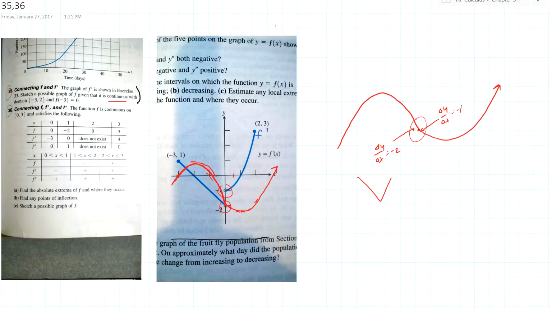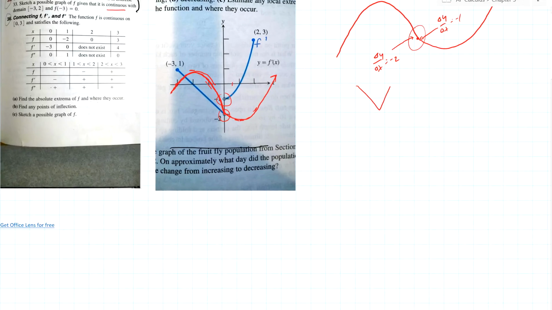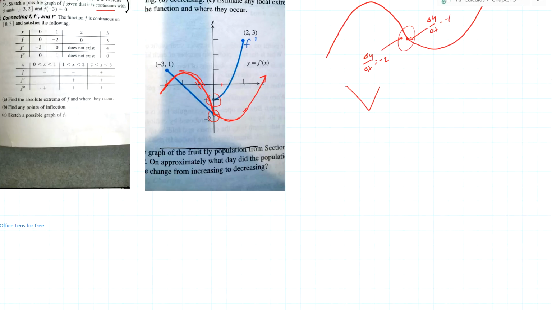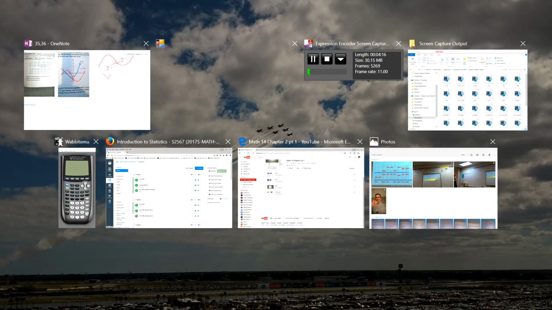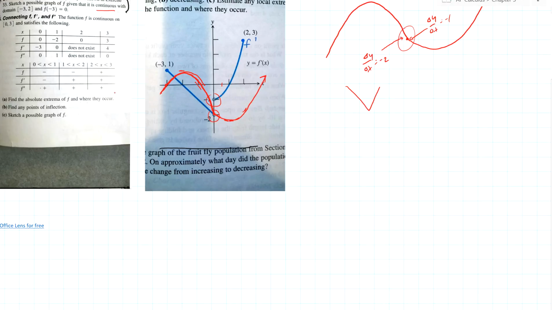Okay, 36 says connecting f prime and f double prime. The function is continuous on [0, 3] and satisfies all of these things. Find the extrema, sketch any points of inflection, sketch a possible graph. Well, I think we should probably sketch a possible graph, and maybe these other things will come out along the way.